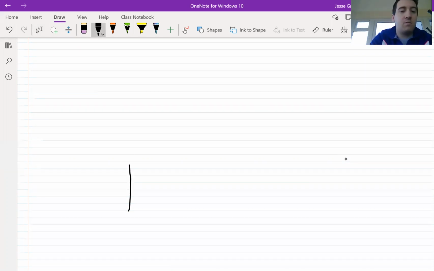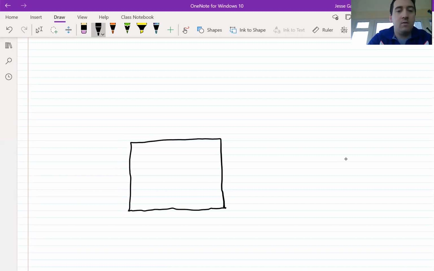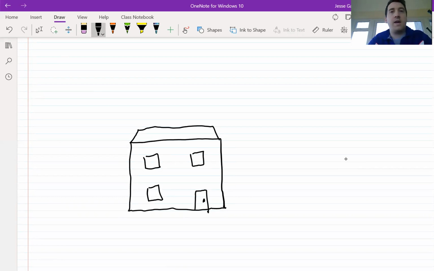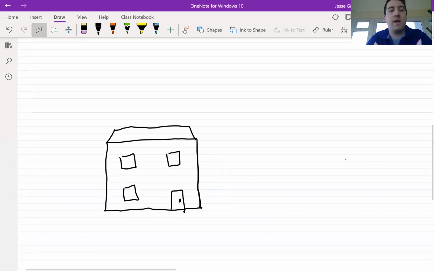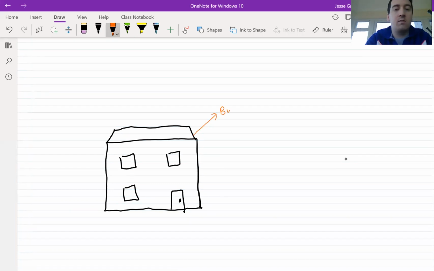So I'm just going to draw a couple of things here. What I'm drawing is a house. This is a house, and a house has a roof, has a door, windows, and so on. You get the picture. And a house is obviously made of building materials, and building materials mostly come from rocks or stone.